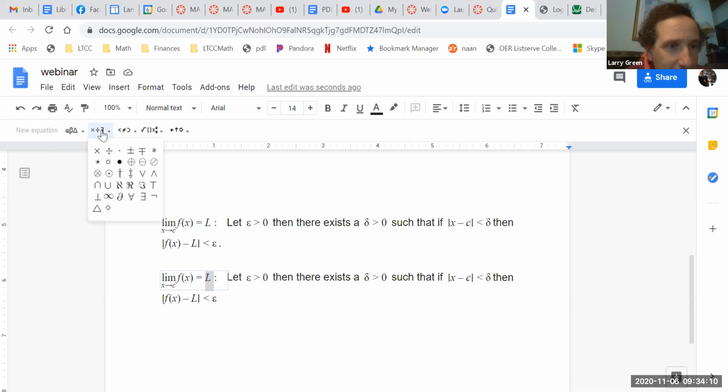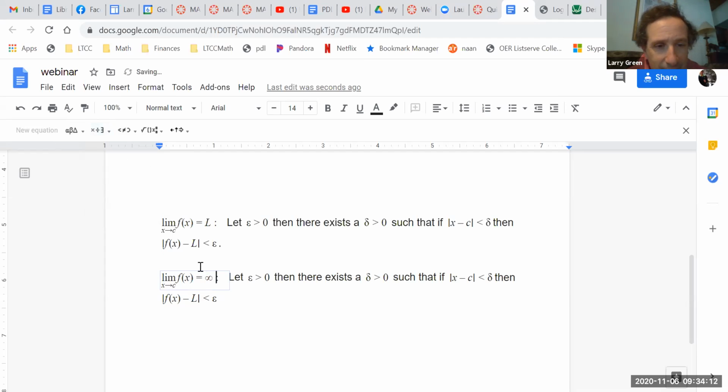Okay, so now we're heading off to infinity. That means that you're going to be bigger than anything when you get close to c. Does that make sense?